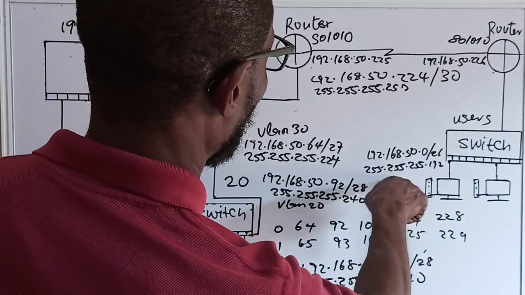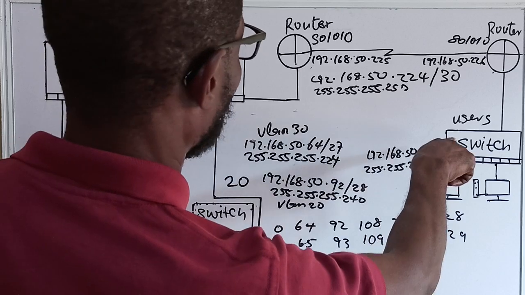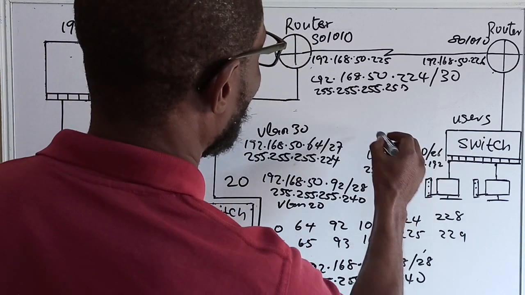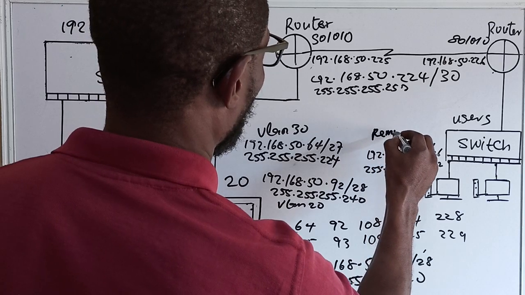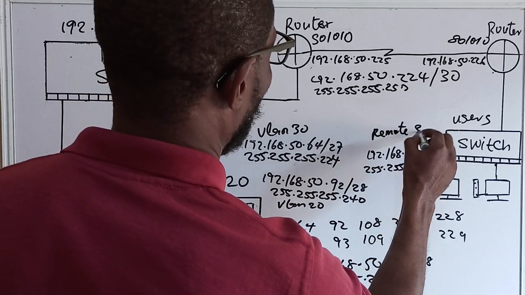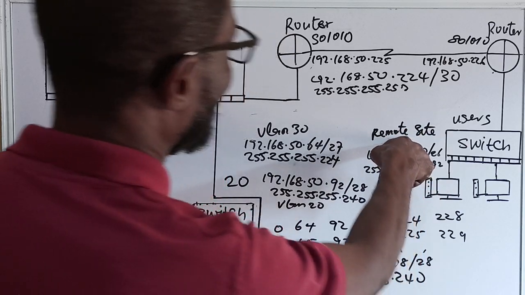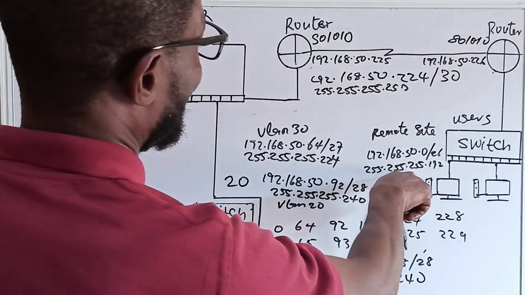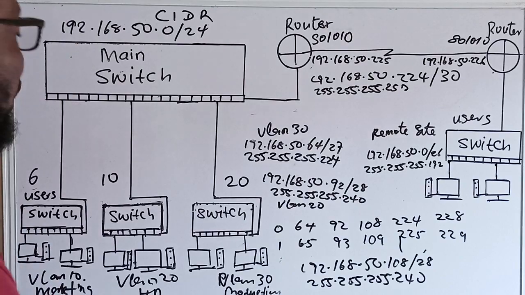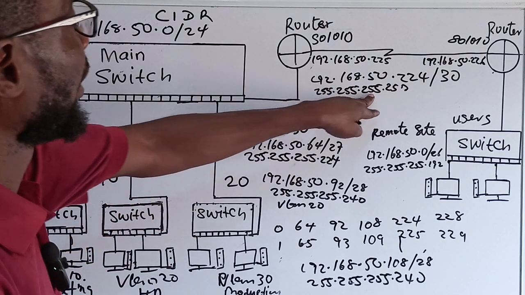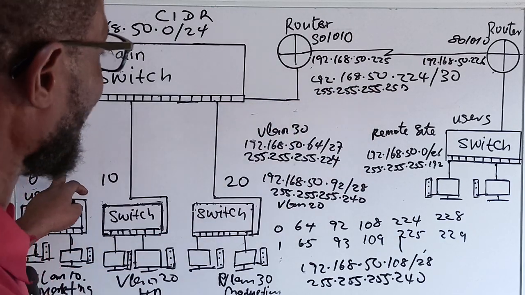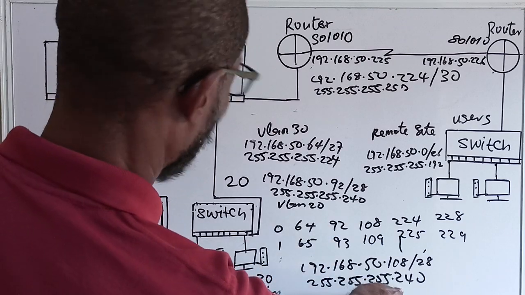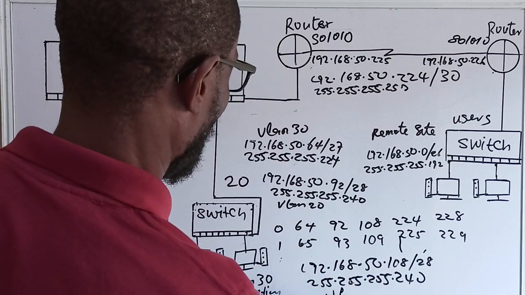And this is for which VLAN? That is the remote site, which contains about 50 users. This is the IP addressing space that I'm going to use on it. Our link here is this, and this is also 240, which is for VLAN 10.